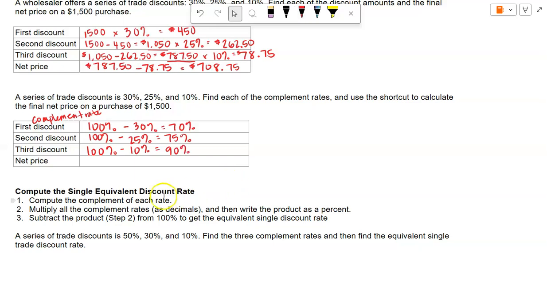So we calculated the complements of 30%, 25%, and 10%. Now that I have all of the complements, I'm going to take the price of $1,500 and multiply that by the complements. So you can do 70% times 75% times 90%. And this too will give me $708.75.